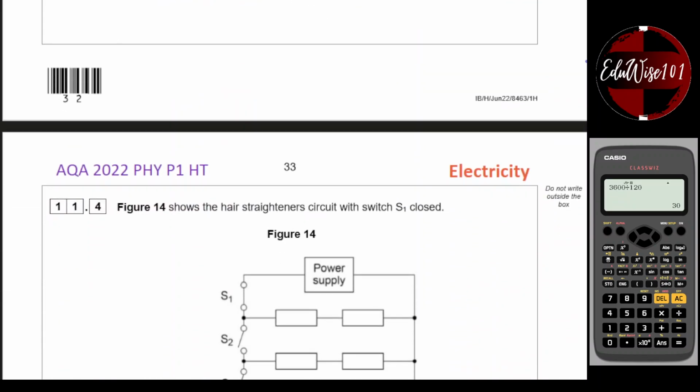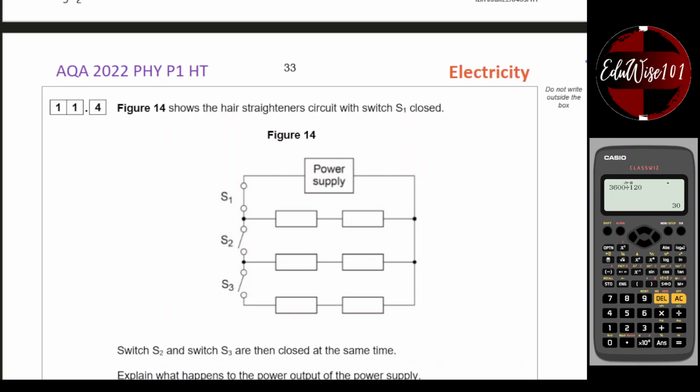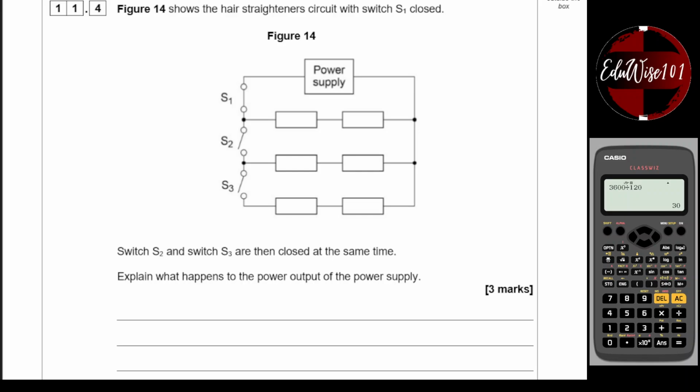Question 11.4. Figure 14 shows the hair straighteners circuit with S1 closed. Switches S2 and S3 are then closed at the same time. Explain what happens to the power output of the power supply. Now, you would automatically assume that because you're engaging all of the resistors, it should actually increase.